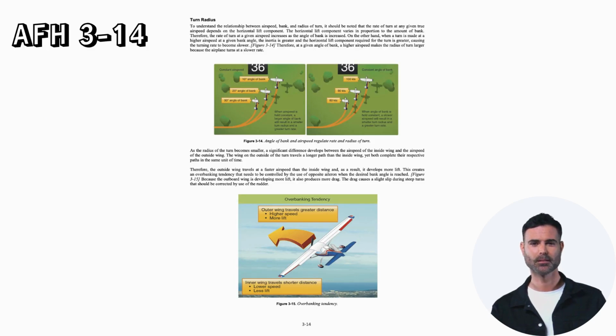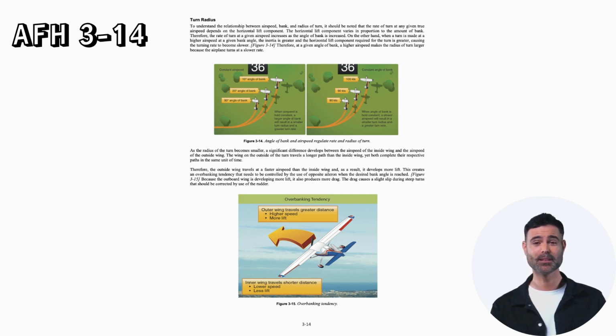Turn radius. To understand the relationship between airspeed, bank, and radius of turn, it should be noted that the rate of turn at any given true airspeed depends on the horizontal lift component. The horizontal lift component varies in proportion to the amount of bank. Therefore, the rate of turn at a given airspeed increases as the angle of bank is increased.